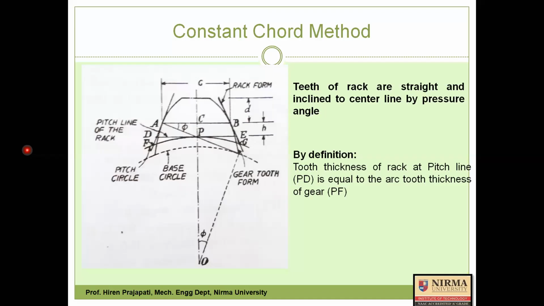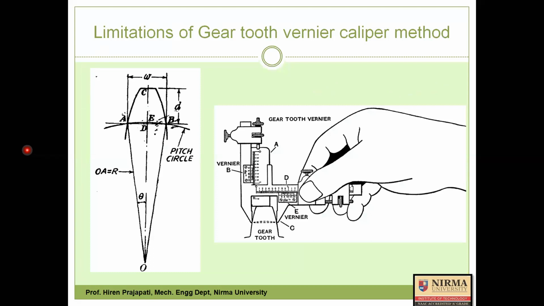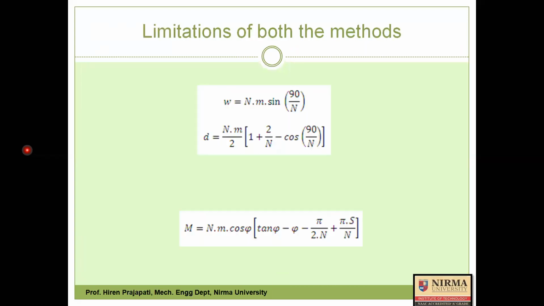In the previous session, we discussed the base tangent method, and we also discussed its limitations and those of the gear tooth vernier caliper method. If you look at the equations of both methods, they depend on two parameters: the number of teeth and the module of the gear.